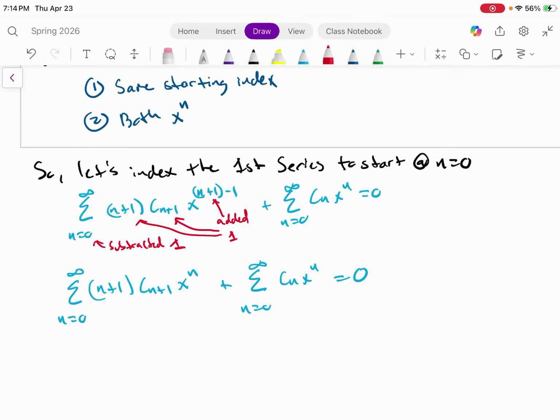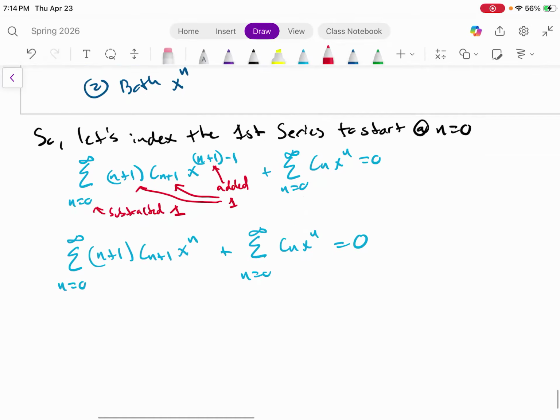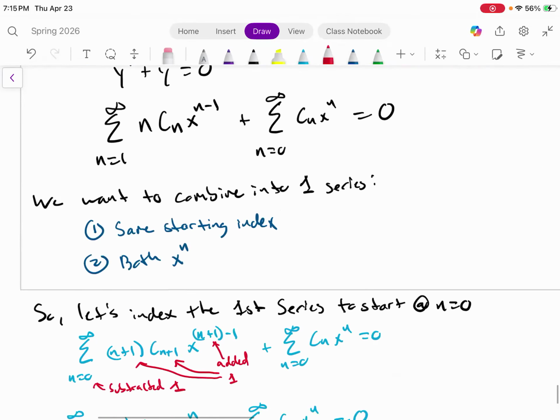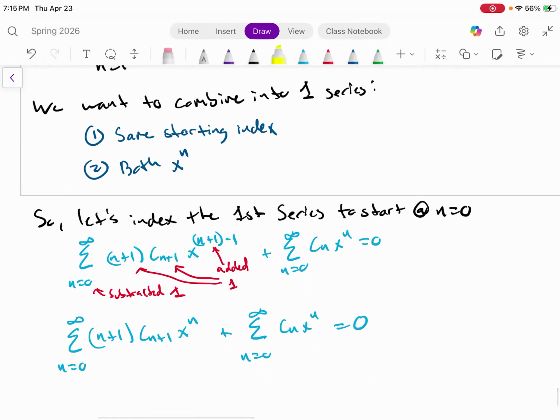And so great, both of these series start out at n equals 0 now, and they both have x to the n. So x to the n equals 0, x to the n equals 0, which meets both of these criteria to combine them now. So let's go ahead and take care of that. Let's combine them.